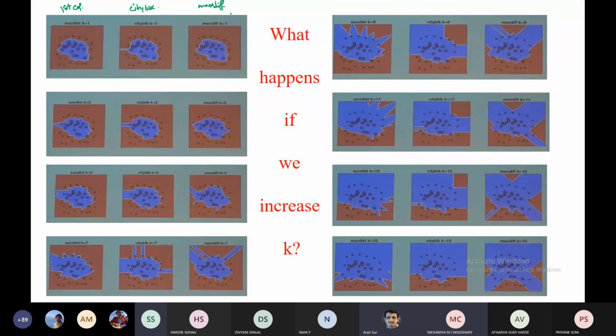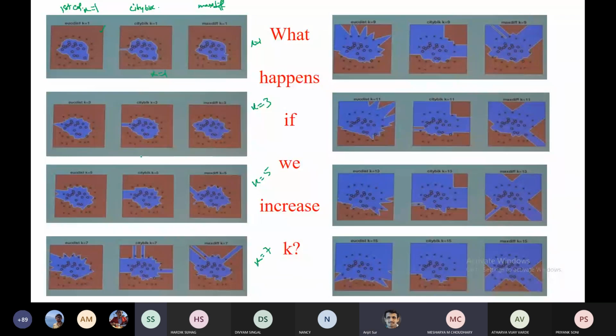Okay. So now, first of all, this picture is for k equal to 1. Now it is k equal to 3, k equal to 5, which is basically the number of points within range, k equal to 7.